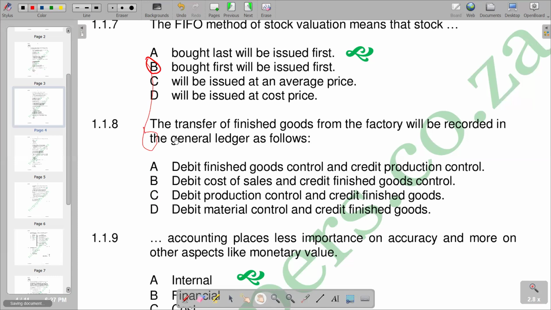So we are going to debit the finished goods control, and then we are going to credit the production control. Remember, it is coming from the production. So we've got A as the correct answer that we have there. Then we have 1.1.9.